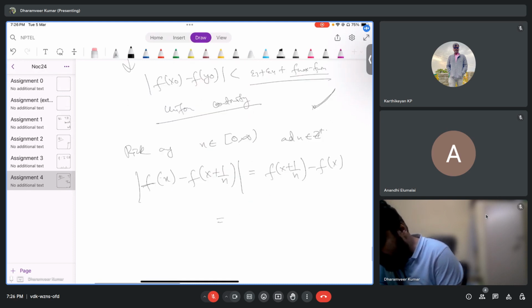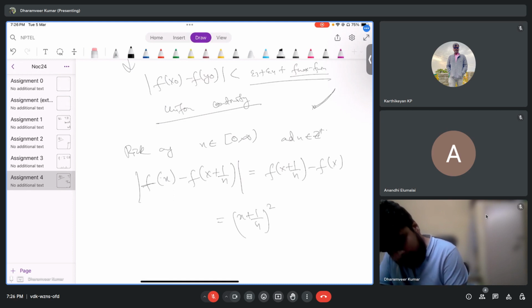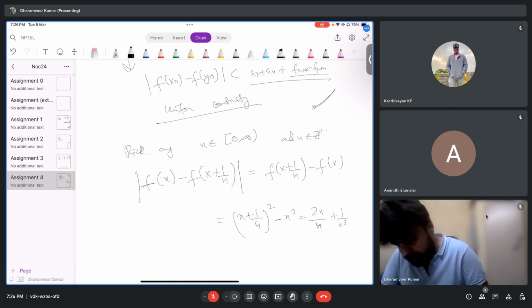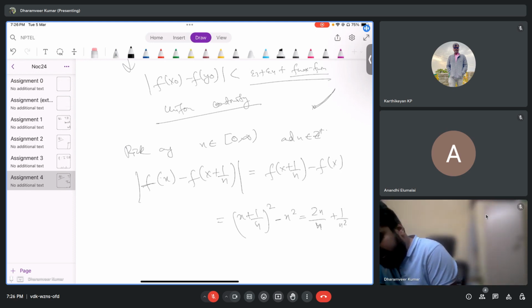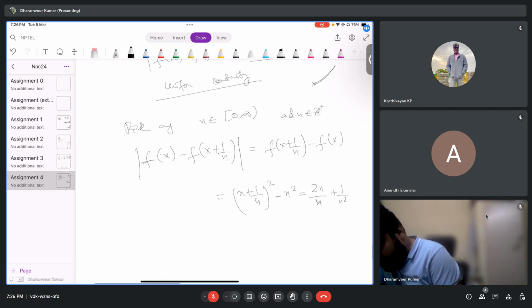F was x square, right? This is nothing but 2x over n plus 1 over n square. Now n is from 1, so 1 over n square is definitely greater than 1.